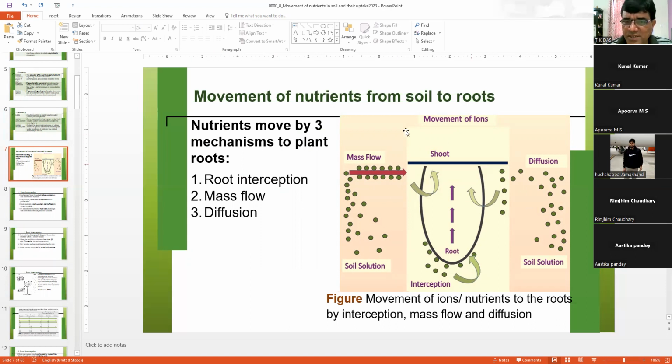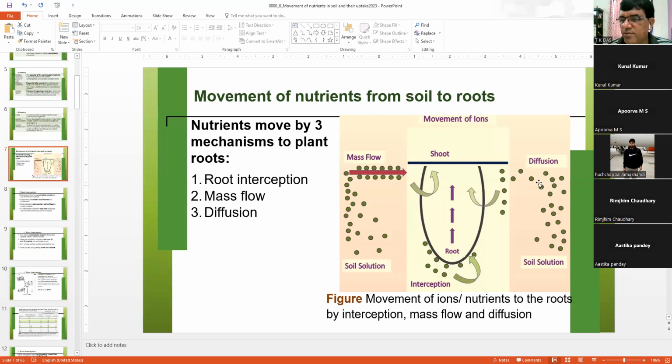So in this picture, you can see that in mass flow, these ions or molecules are in large numbers, and they move along with water. This is mass flow, and this is happening in soil solution. So this is how they are going to the plant roots in soil solution. Then interception also: these roots can directly come in contact with the nutrients.